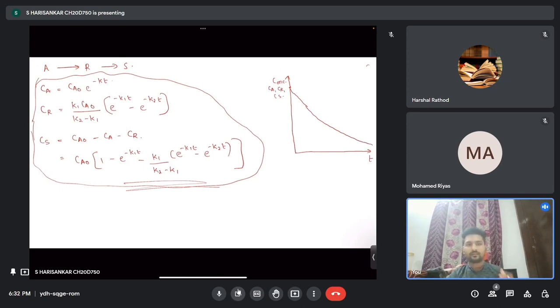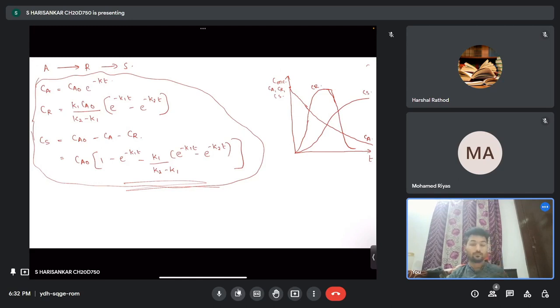A will decrease as the reaction proceeds, as time progresses. R will have a profile like this. Initially R is 0. It will increase to a maximum and then start decreasing like this. So this is CA and this is CR. And similarly, S will also have a profile like this. CS.